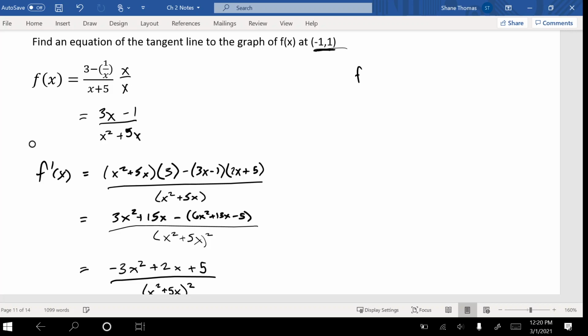So I need to find f prime at negative 1, and that's going to be my slope at that point. So I'm looking at negative 3 times (negative 1) squared plus 2 times negative 1 plus 5 all over ((negative 1) squared plus 5 times negative 1), and then the whole thing squared.